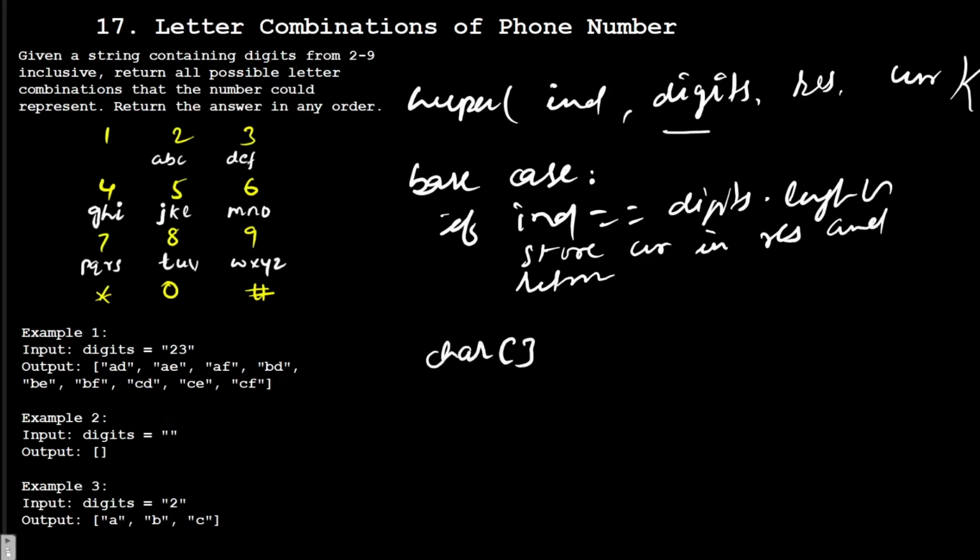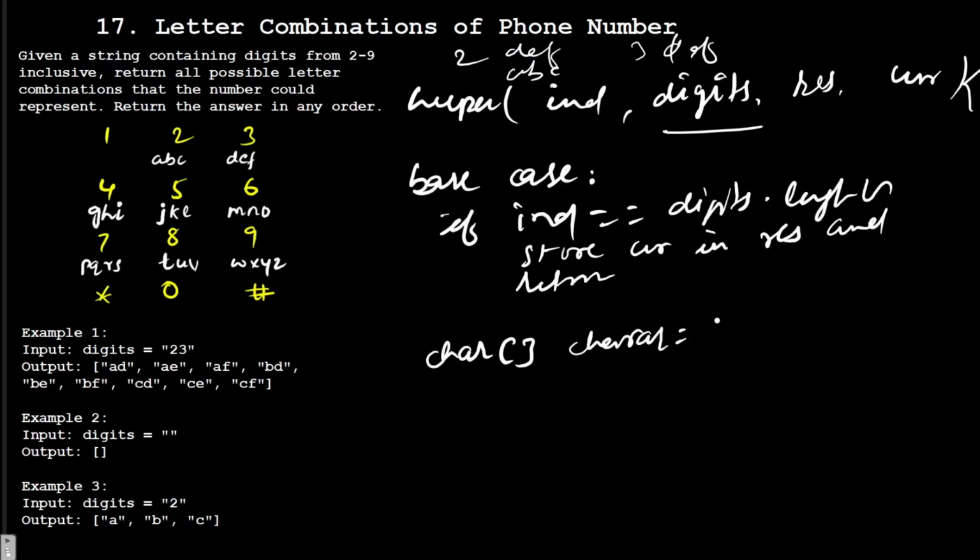Okay, and if this is not true, then we have to first convert this digits into a character array. We will be needing values like 2 will be representing ABC, and 3 will be representing DEF.